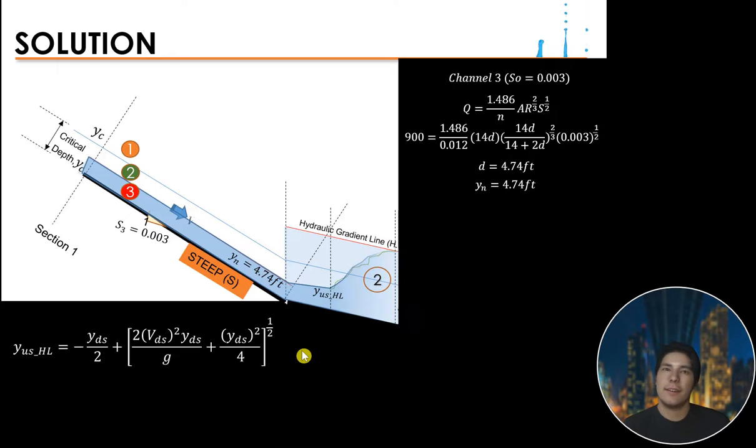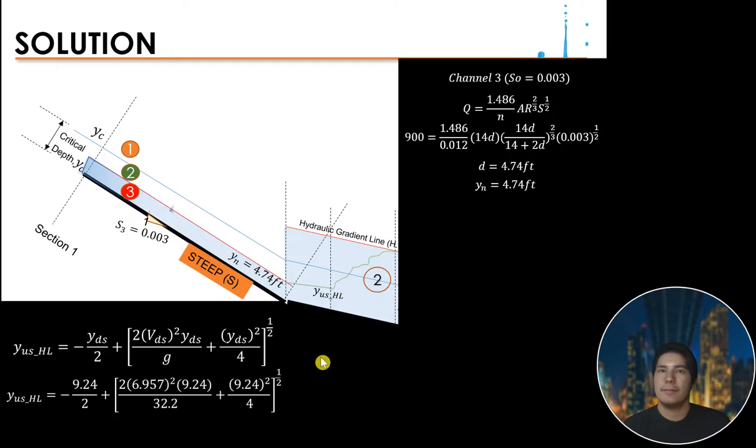Okay, so we compute the sequent depth for the upstream of the hydraulic jump. The formula is this one, and we just need to substitute. We have 9.24 divided by 2. The velocity, we have this 9.24, a continuation from the GVF in the previous video.